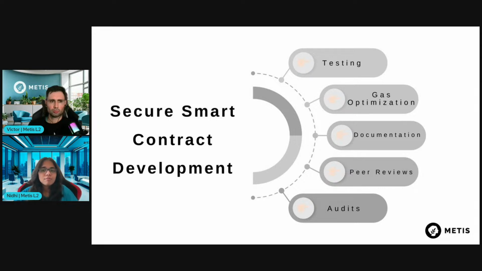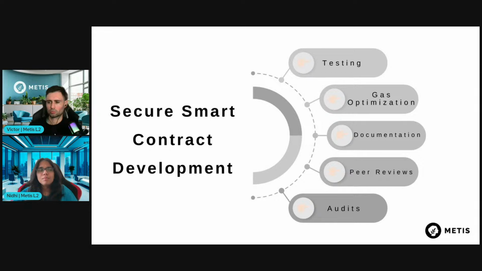We also have a gas optimization techniques GitHub repository that we will share with you guys on X. Please check it out, it would be really helpful for writing secure smart contracts with gas optimizations.